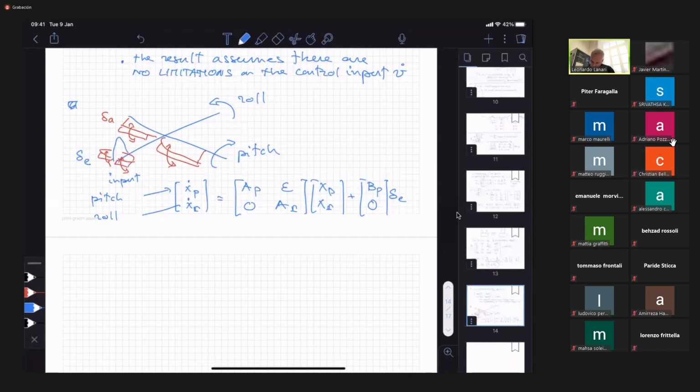We would have some other matrix, 0, BR, delta A.